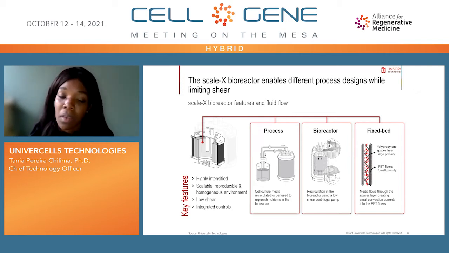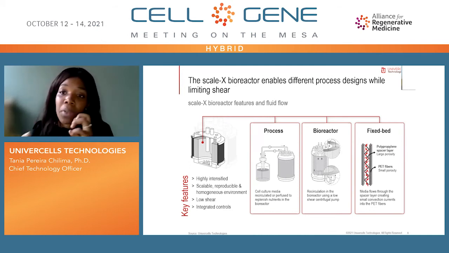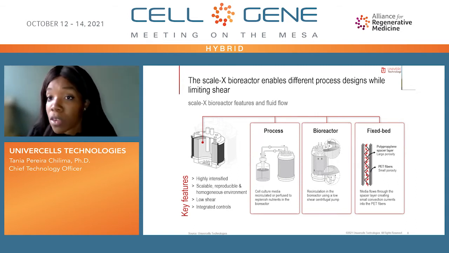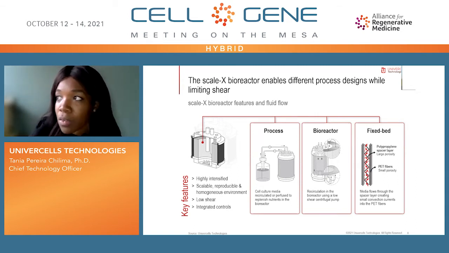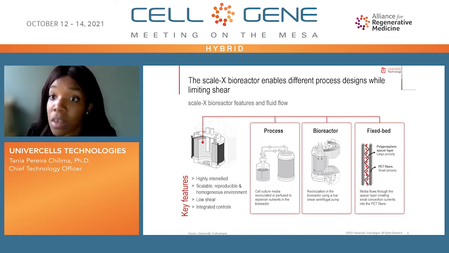And this is very important because while the cells are staying in the bioreactor, we are able now to control the amount of media and the volume that we want to process downstream processing wise by decoupling the volume of media from the cell containing environment. This is also important in terms of flexibility because all of a sudden we are able to perform recirculation or perfusion processes without the need of an ATF system.